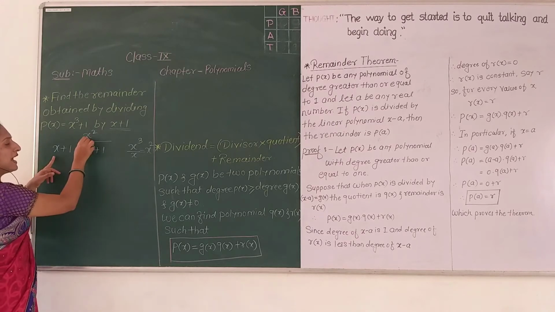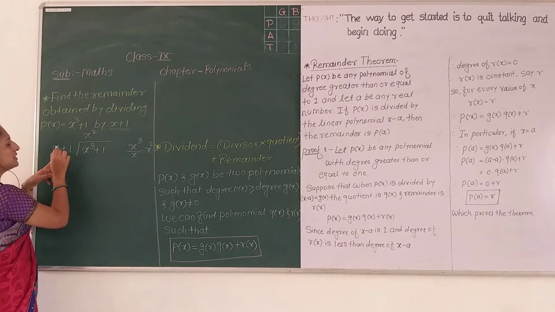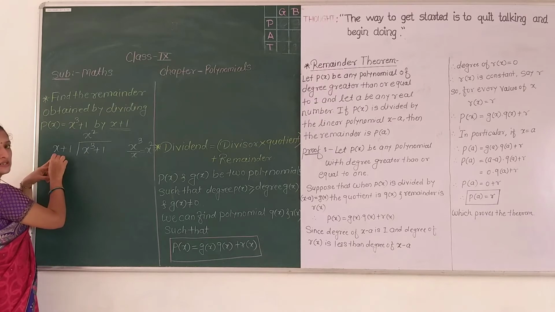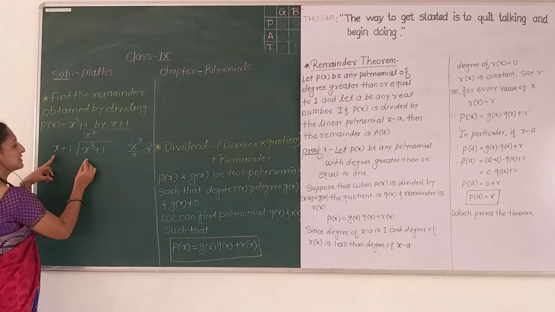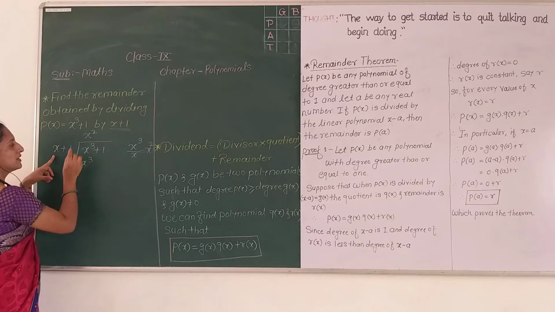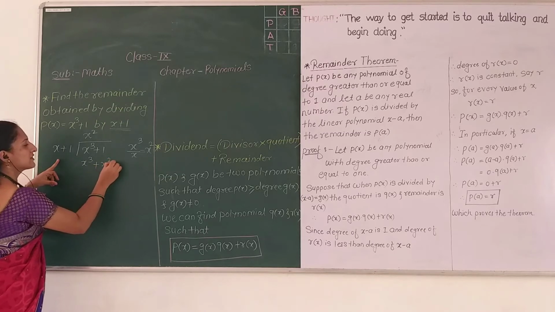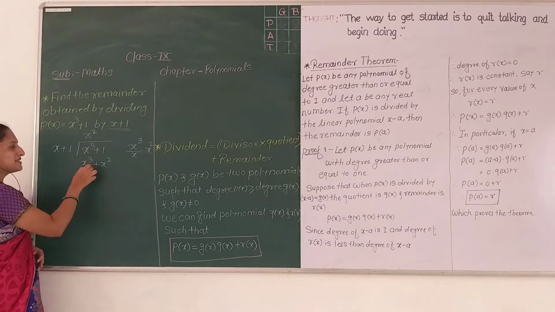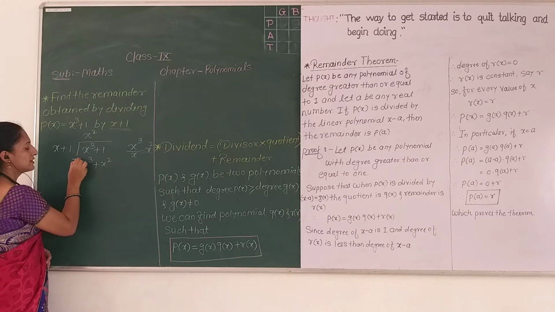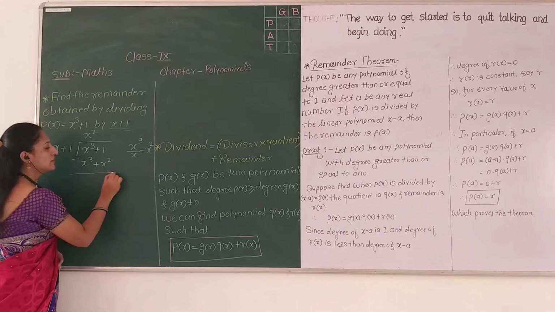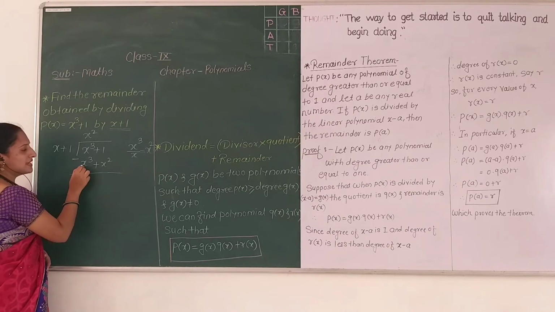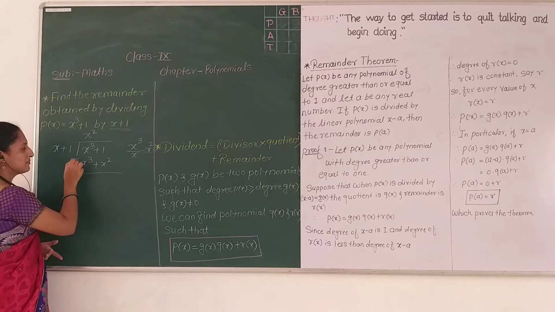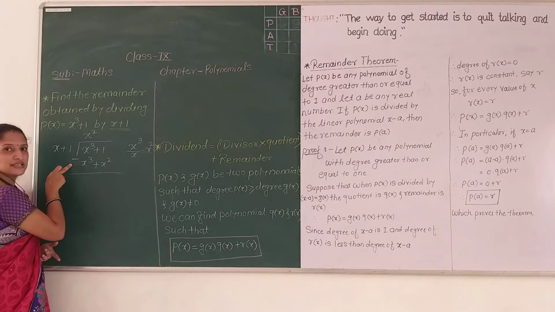So I write here x square is the first quotient. Now multiply the first term of the quotient by the divisor. That means x square into x gives you x cube, and x square into 1 is x square. Now subtract these two polynomials. Whenever we subtract two polynomials, the sign of this polynomial changes because there is subtraction.